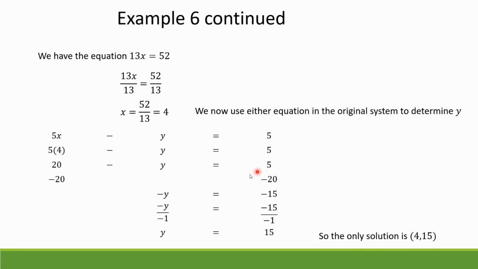Subtract 20 from each side, we get negative y is negative 15. Divide both sides by negative 1 because we want y, not negative y. We get y is 15, and the only solution is (4, 15).